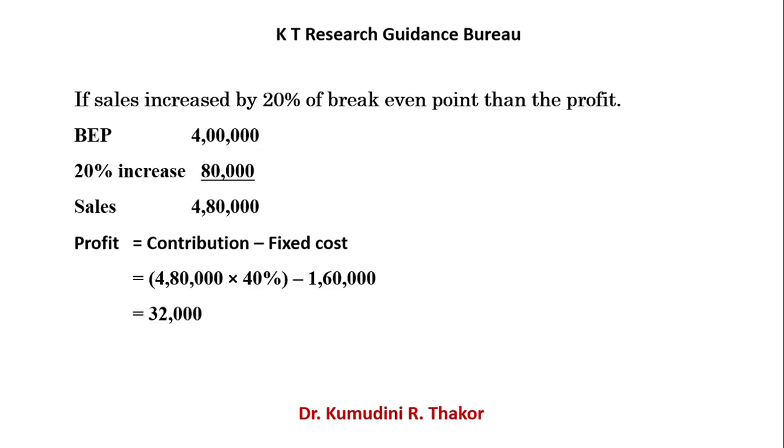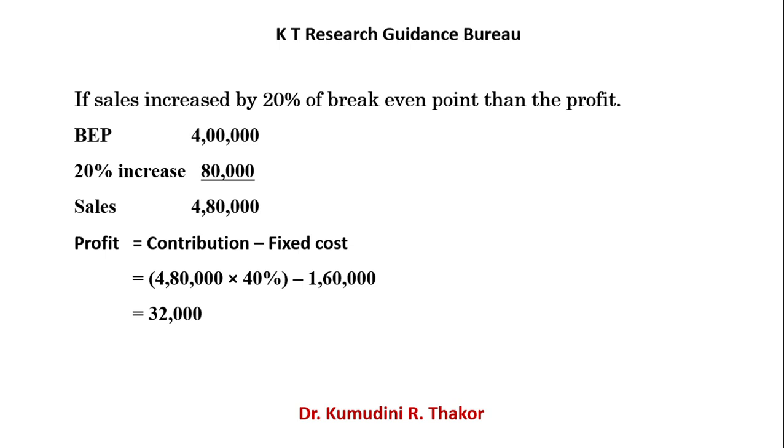Example is easy, so you can calculate all these things very easily. But keep in mind the question. If your interpretation is wrong, then your answer will be wrong. So in this case, your sales increased by 20% of break-even point. Then you have to find out your profit, and your answer is rupees 32,000.